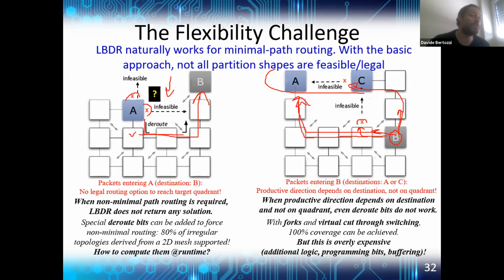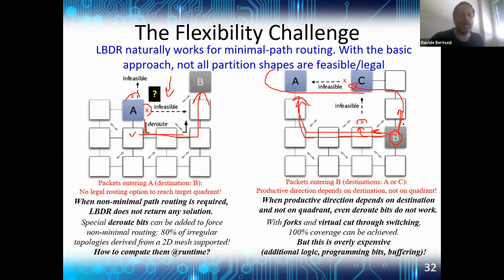But when you introduce forks, your network on chip is not deadlock-free anymore, and you need to change the switching strategy from wormhole switching to virtual cut-through switching, which means that you need to implement a lot more buffering, and therefore this solution might not be that cost-effective.